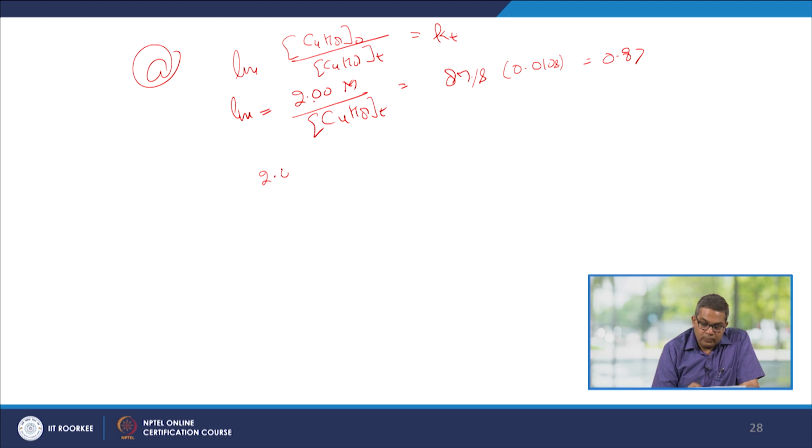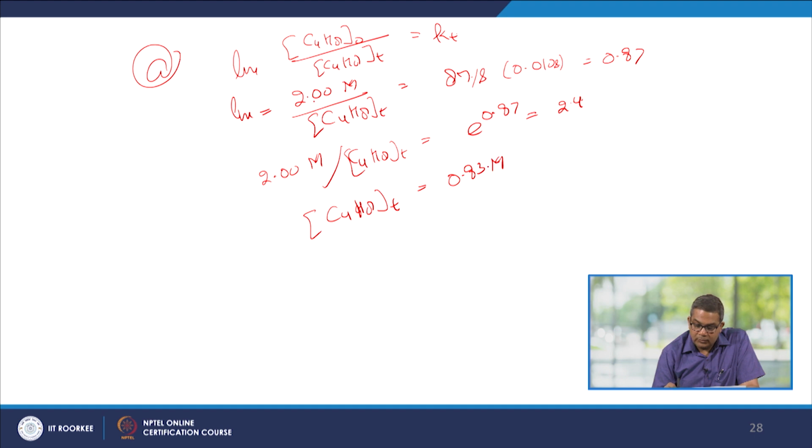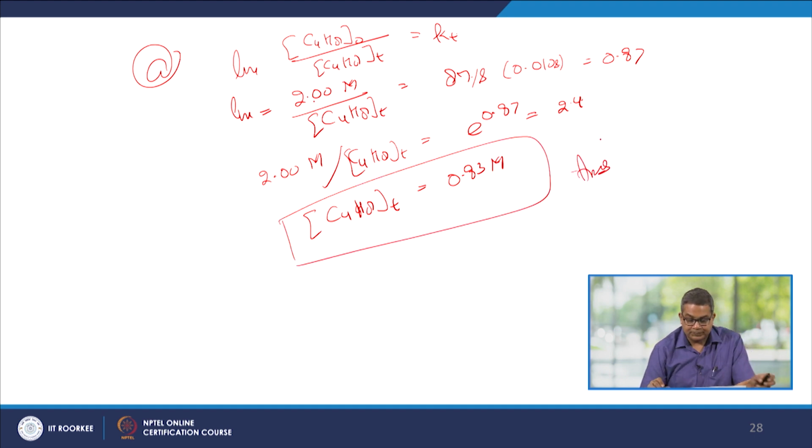So 2 over the concentration of C4H8 at t is e to the power 0.87, which is equal to 2.4. So the concentration of C4H8 at t is 0.83 mole. This is the answer to the first part.